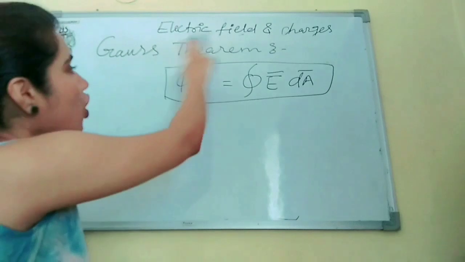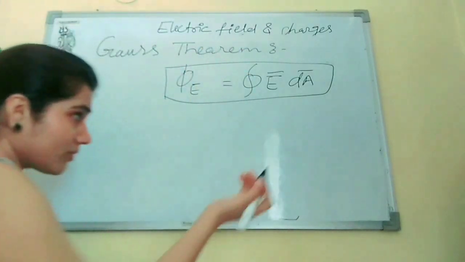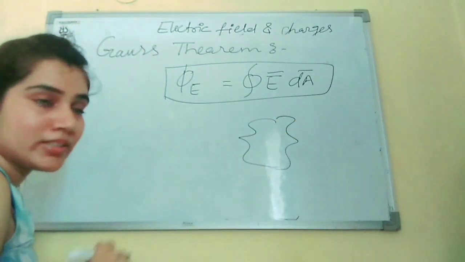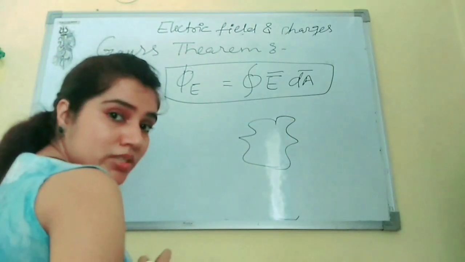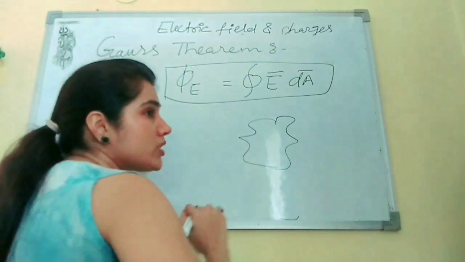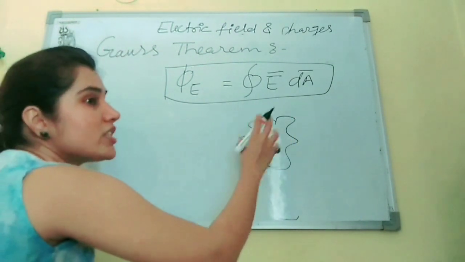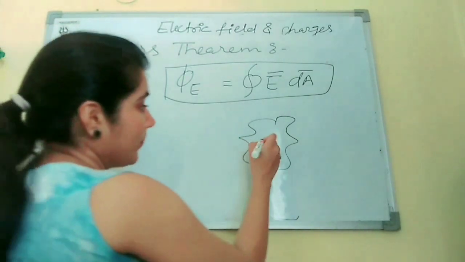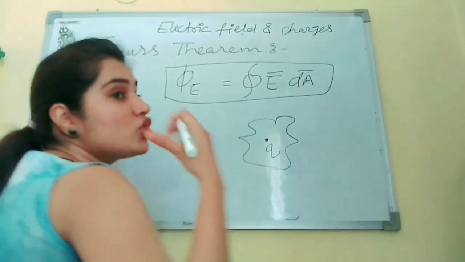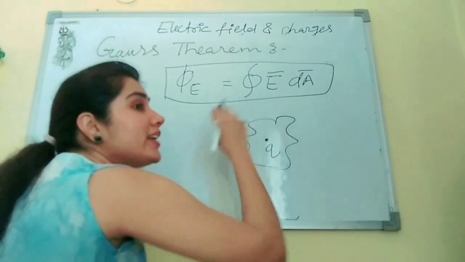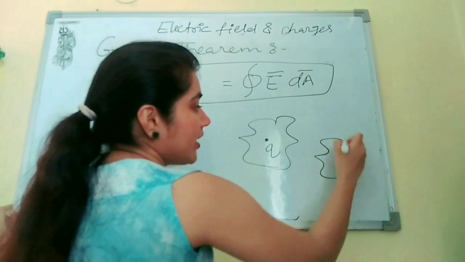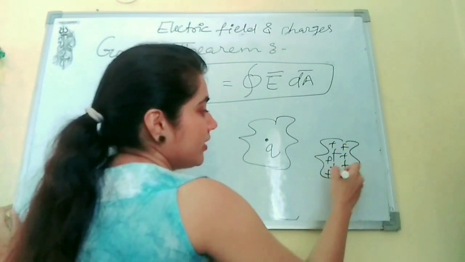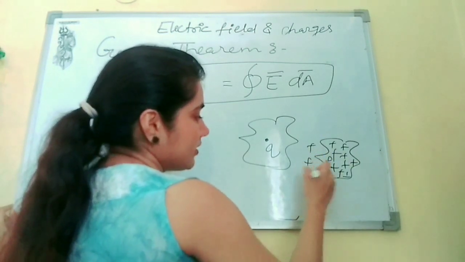According to the Gauss theorem, to find the electric flux, the body should be closed, and in any closed surface, the flux is linked with the charge which is inside the body. Suppose there is another body and these are the charges in this particular region.